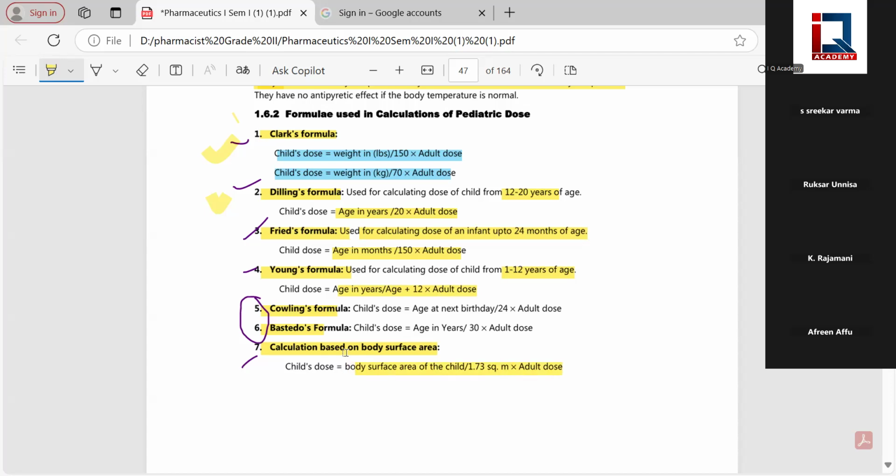We will start calculation. Please note down these formulas. Young's formula: age of the child in years by age of the child in years plus 12 into adult dose.